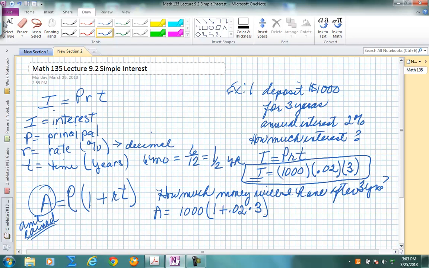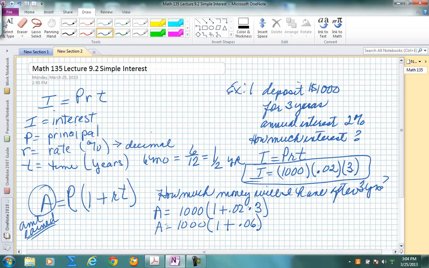Now remember, order of operations, we have to do what's in the parentheses first, but within the parentheses, we have to do this multiplication. So I have 1,000 times 1 plus 3 times 2 hundredths is 6 hundredths.